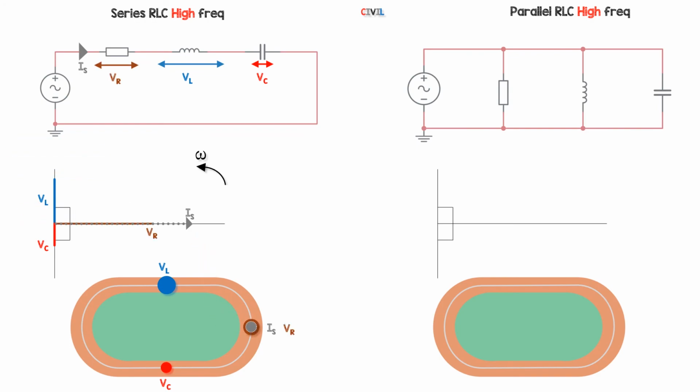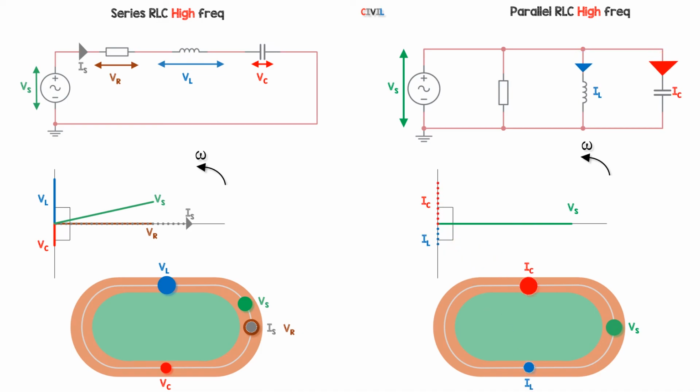At high frequency, VL is larger than VC, and our current is lagging VS at high frequency. For the parallel circuit, our supply voltage, a small inductor current and a large capacitor current. The current is leading now at high frequency.